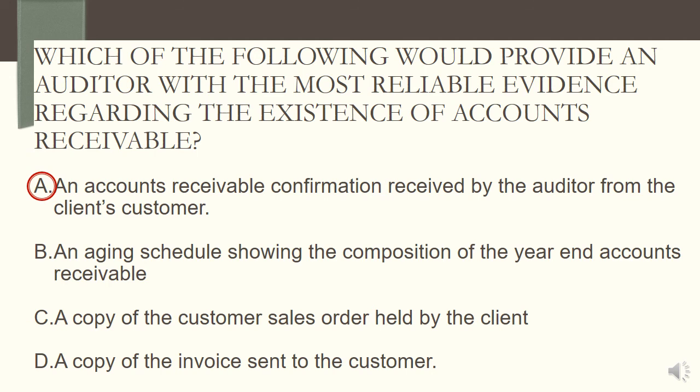It's followed by external evidence, then internal evidence, and finally the O, which has to do with inquiry. So the only one of those choices that is provided externally is the accounts receivable confirmation. So A is the correct answer.